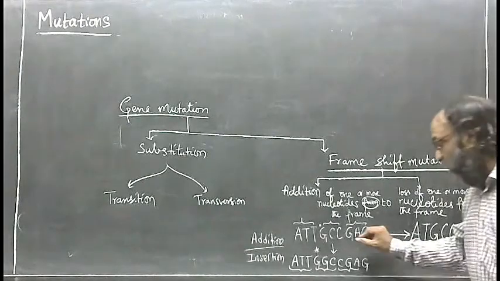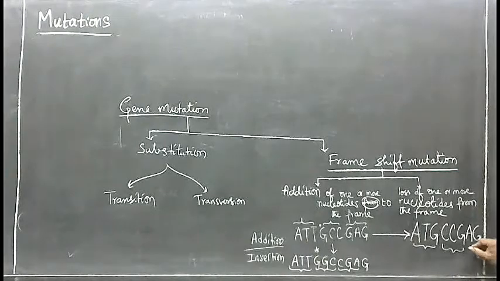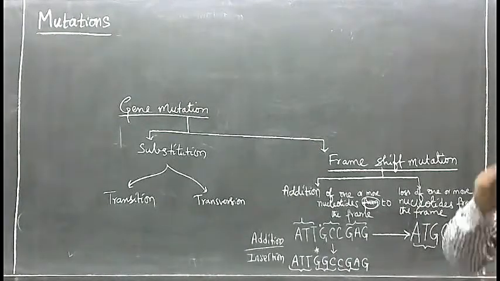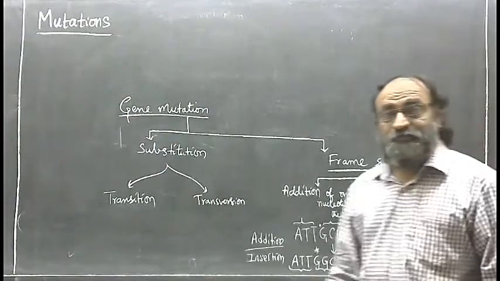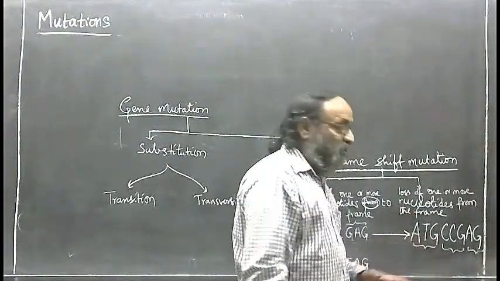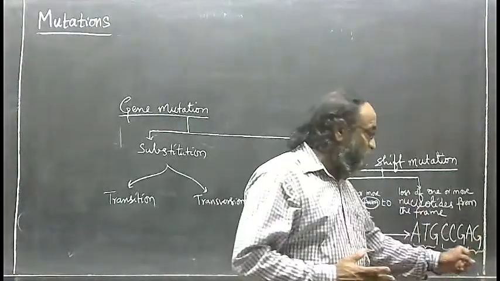And the third codon is GAG. And here the third codon is incomplete. It is deficient by 1 nucleotide. That means in this particular case, there is decrease in the length of the frame.